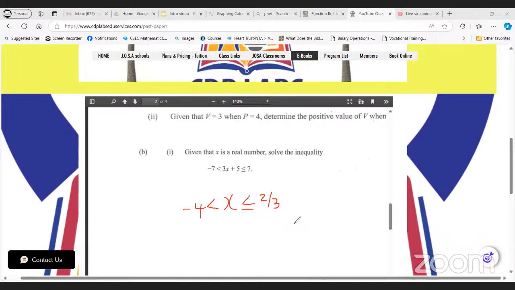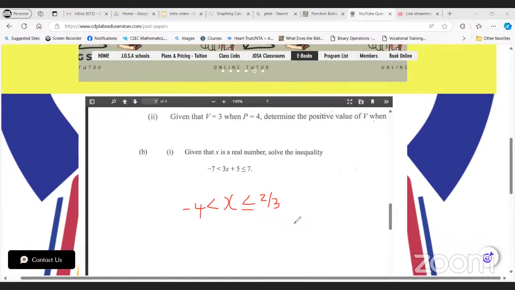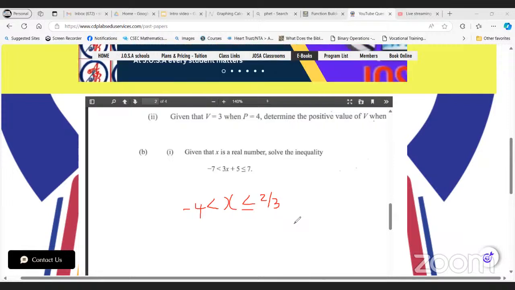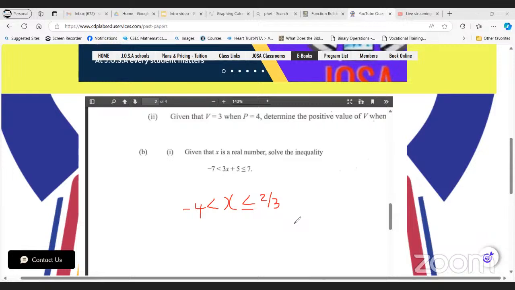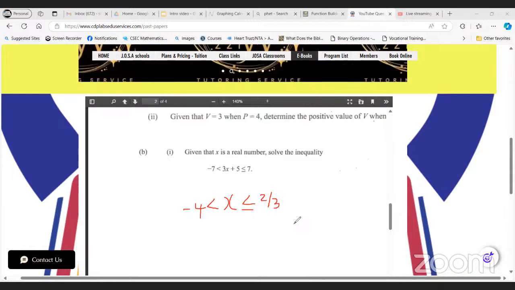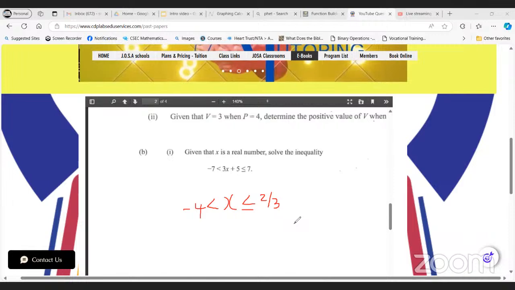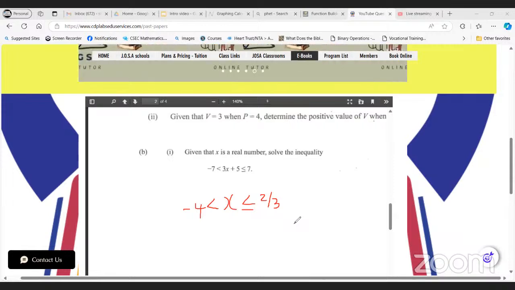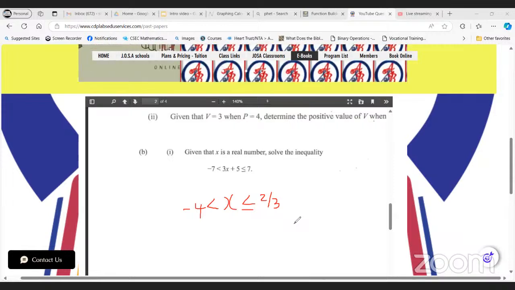Now, you might be asking the question, but wait, sometimes I confuse the greater than and the less than sign. Here is a little trick that you can use. Use your imagination, or you could just follow my instruction. You can bend your hand where you see the elbow.